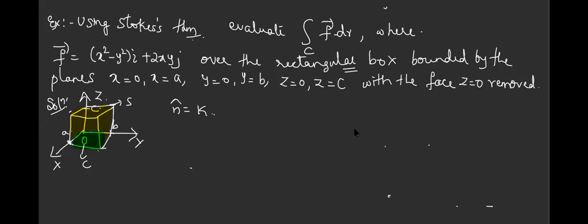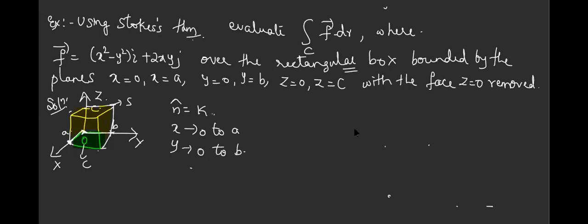And one more thing here for this rectangular box, when you take C, can you tell me the variation for x and y? For this rectangle, x varies from 0 till which value? A, ma'am. And y varies from 0 till B. We are not converting to polar in this case because it's a rectangular box.